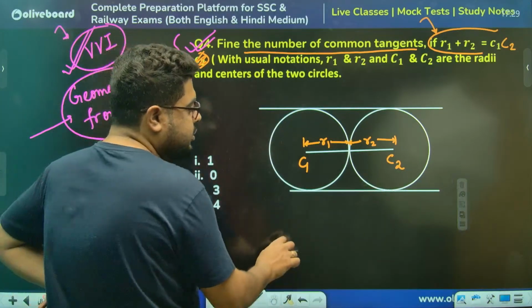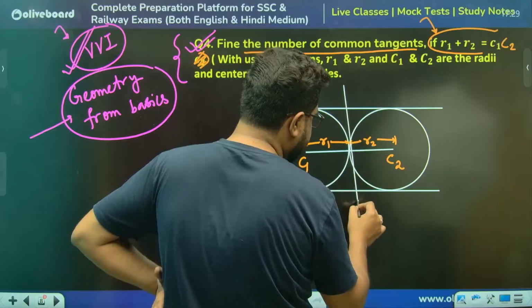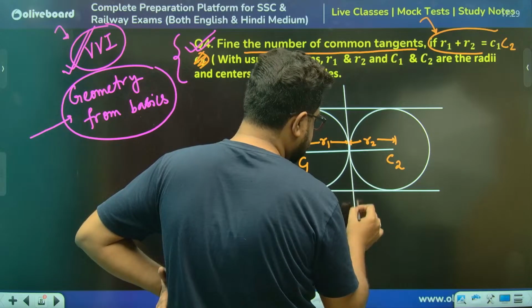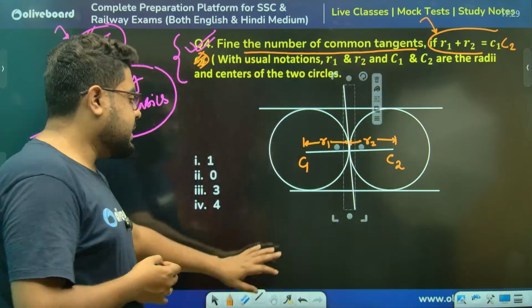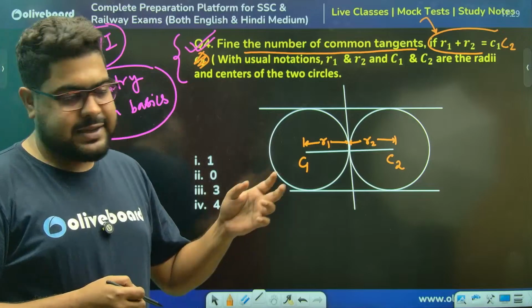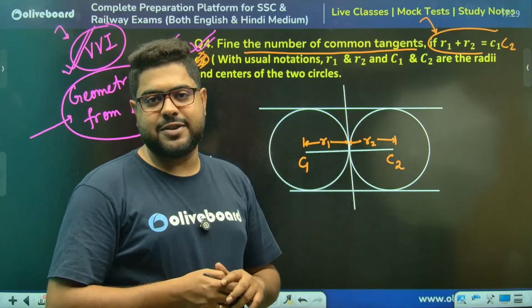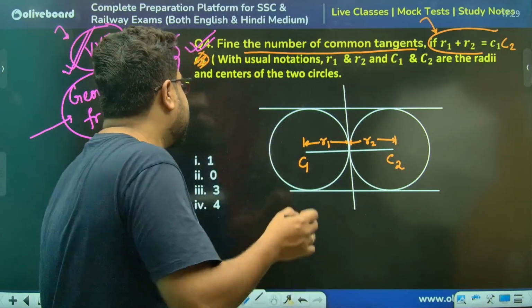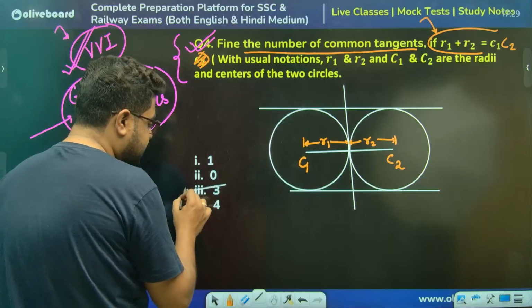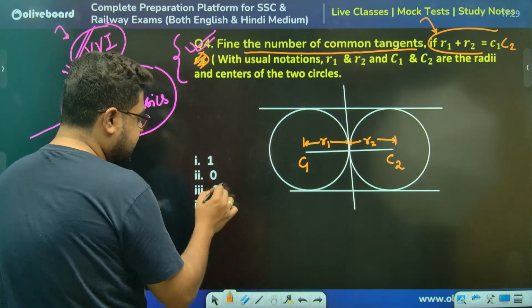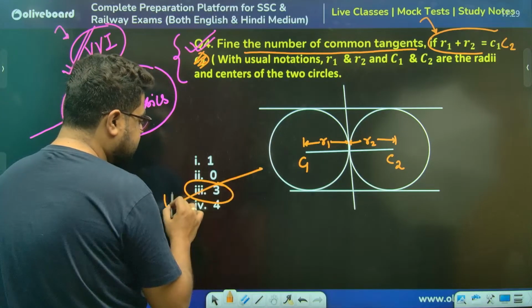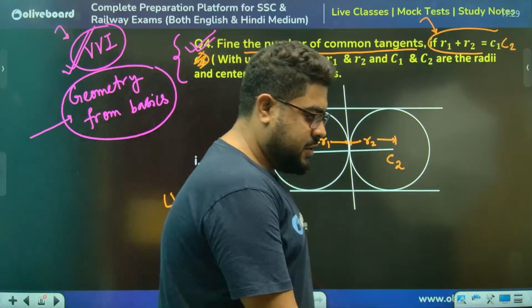What is the third common tangent? The third common tangent will look something like this. There is no fourth common tangent. I can draw only 3. So the number of common tangents will be option number 3, which is 3.